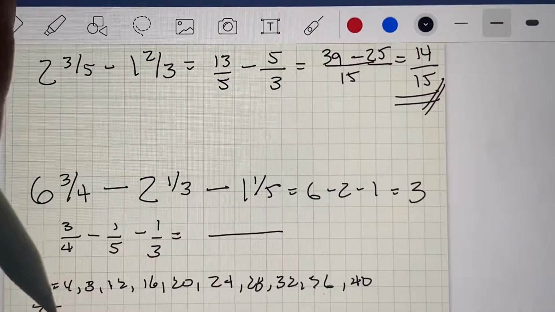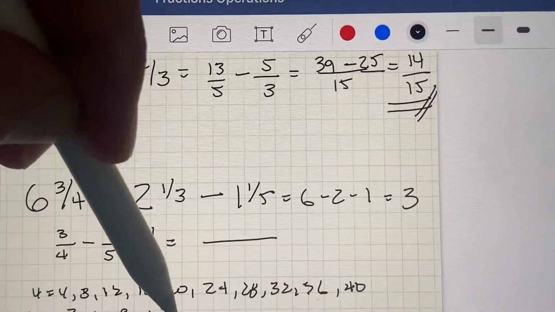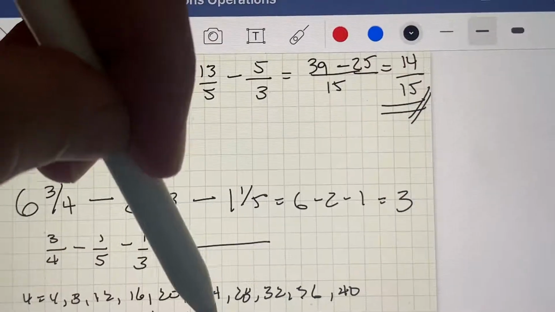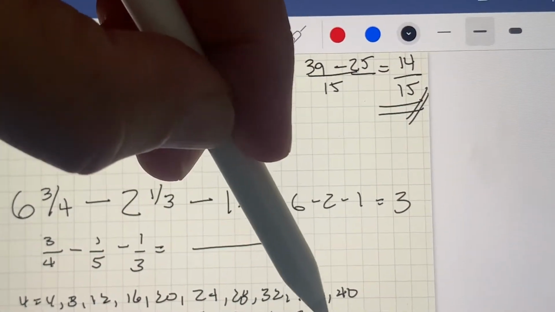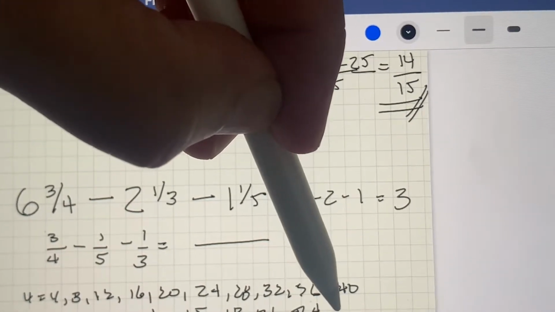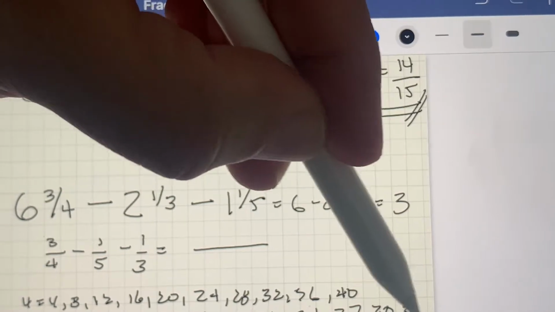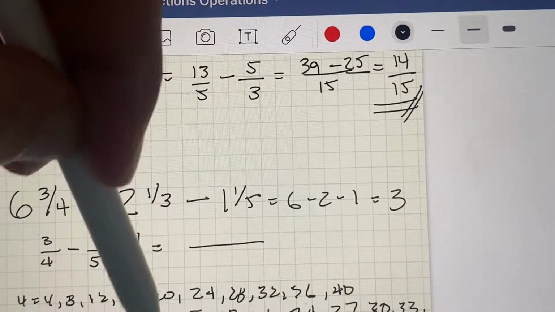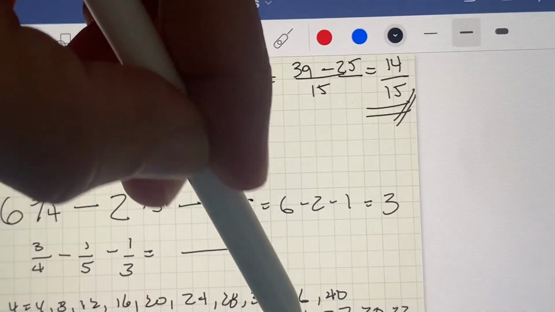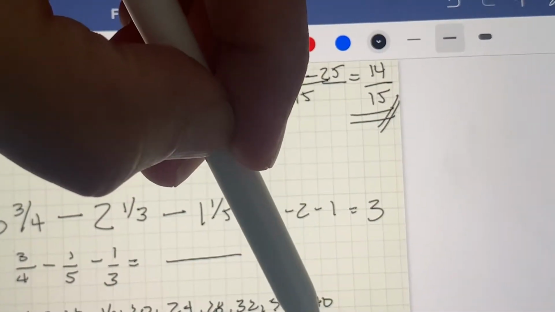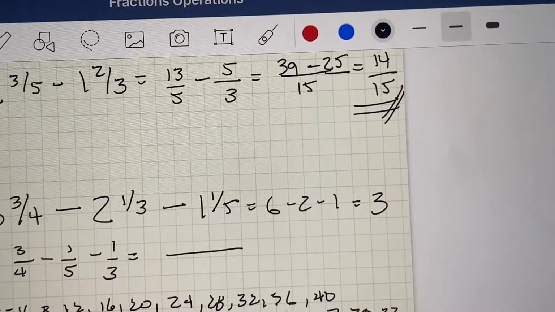Let's see, 3 is 3, 6, 9, 12, 15, 18, 21, 24, 27, 30, 33, 36, 39, 42, 45, 48, and then we have 5.